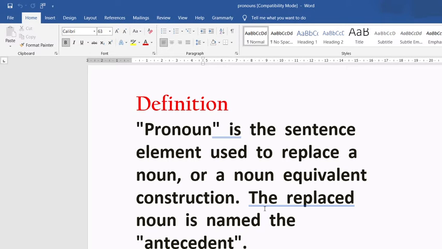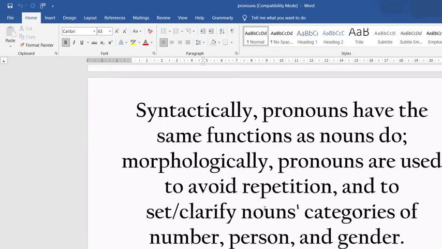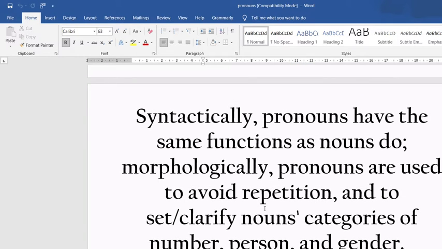So here, let's go to the categories of pronouns. It is written that syntactically pronouns have the same function as the nouns do. And morphologically pronouns are used to avoid repetition. I told you, without repeating the same noun time and again, making the whole sentence soothing to our eyes, and also making some deviations, that is, making the whole sentence less monotonous.